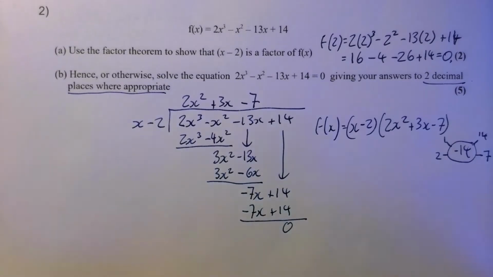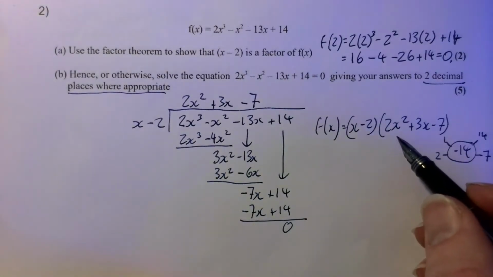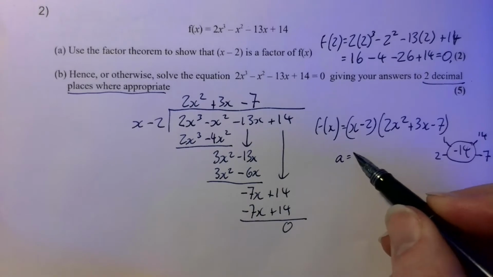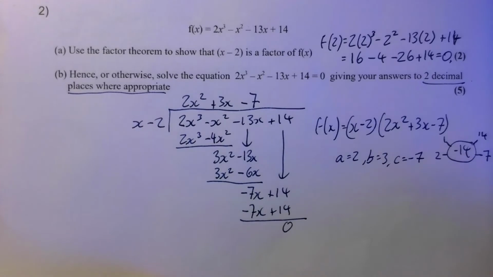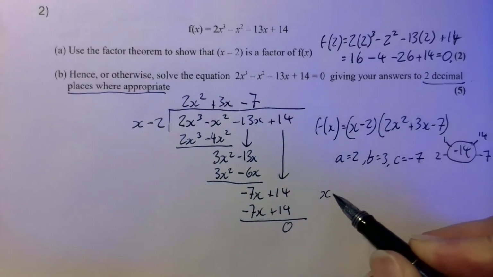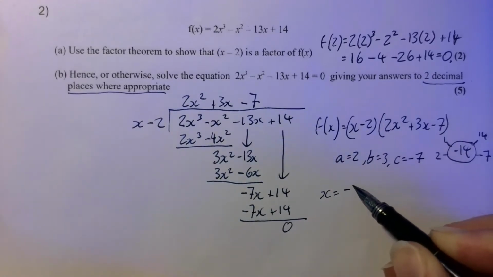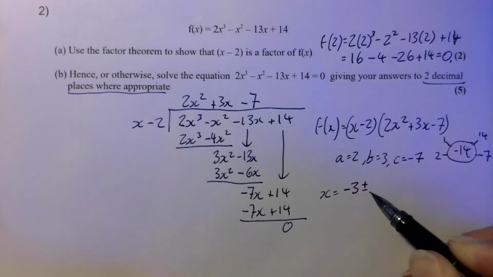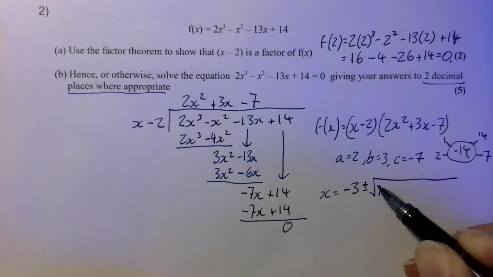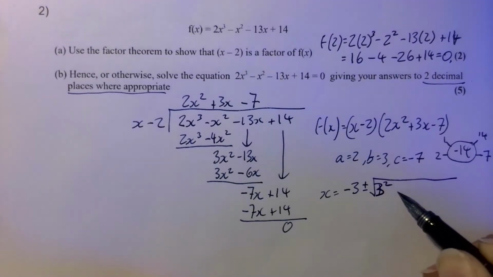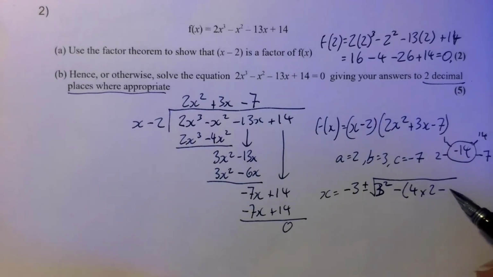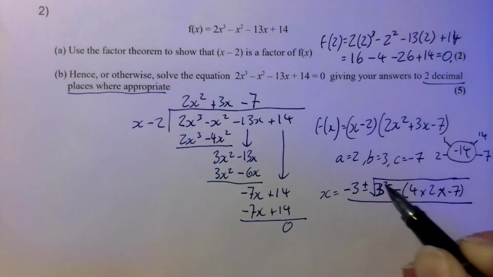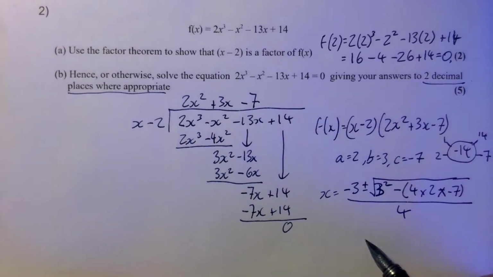So this is where we need to think about using the quadratic formula, isn't it? So a equals 2, b equals 3, c equals negative 7. And we can say that x is going to equal negative b plus or minus the root of b squared, so that is 3 squared, take 4 times 2 times c is negative 7, all over 2 times 2, which is 4.